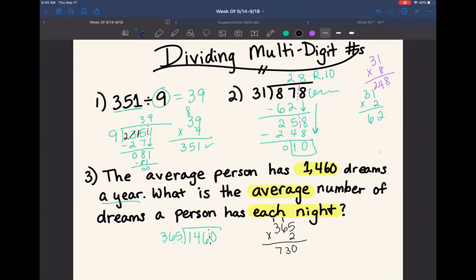Now, there's something I can notice about this problem. Can anyone tell me? Before I multiply by 5, there's something I can notice about this times 2. It's higher than the division? Well, I'm looking for 1,460. Oh, no, it's lower. It is lower, but what else do I notice?